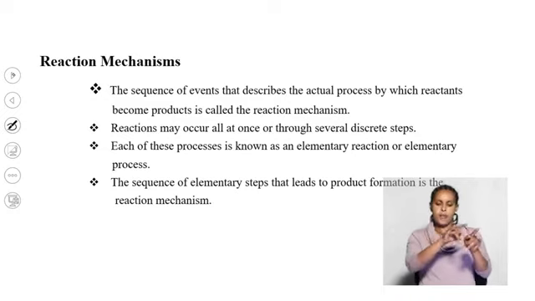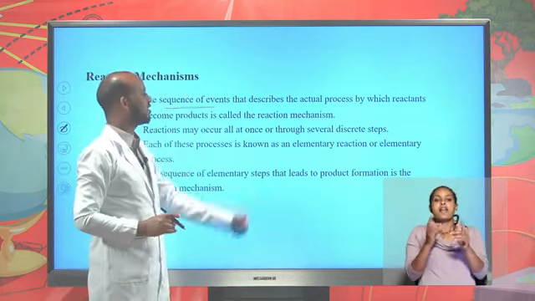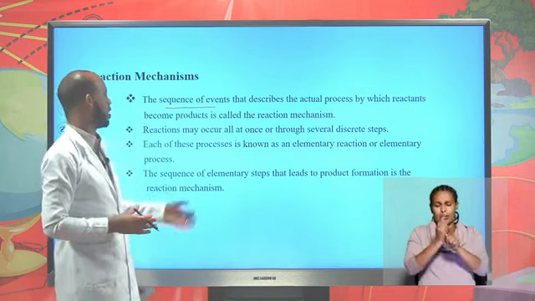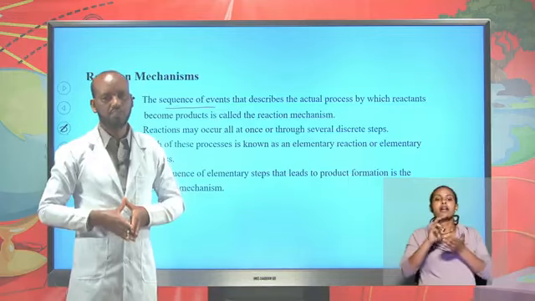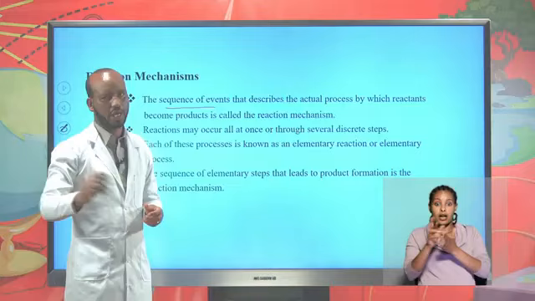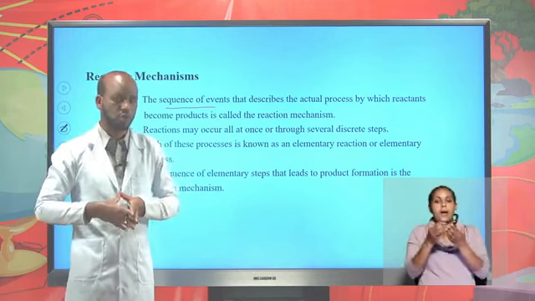Reaction mechanism. The sequence of events that describes the actual process by which reactants become products is called the reaction mechanism. Some reactions occur in one step, while other reactions occur in multiple steps.